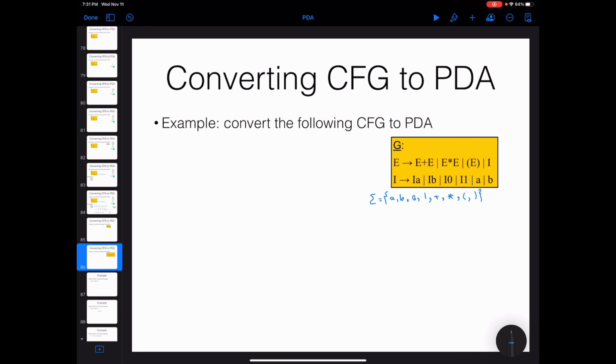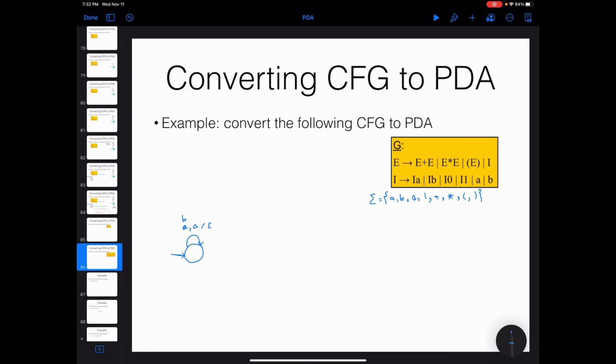So when we are creating the pushdown automata, we are going to have only one state, and you first add all the transitions for all of the terminal tokens. So if you see A and the top of the stack is A, pop it.